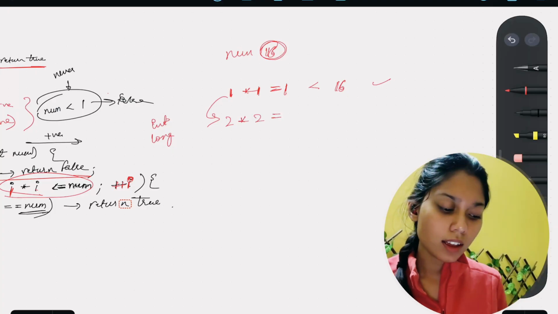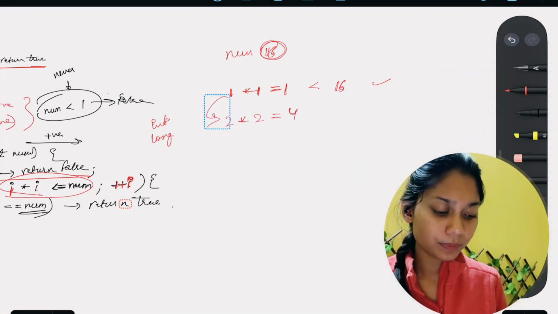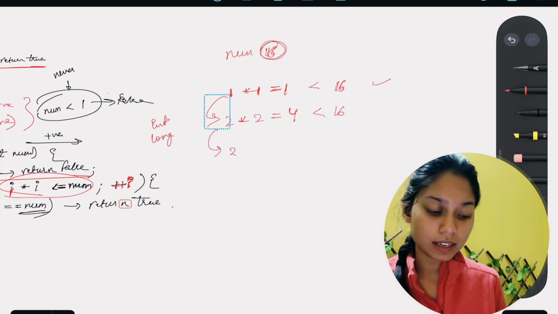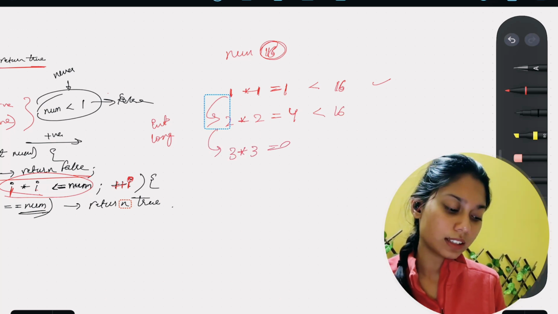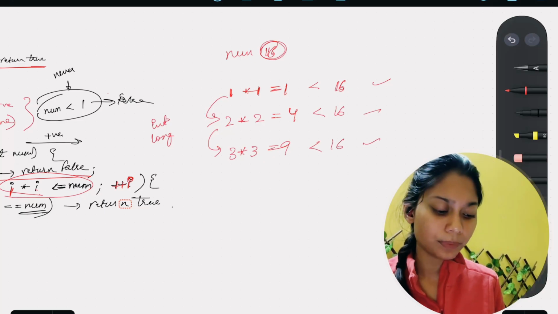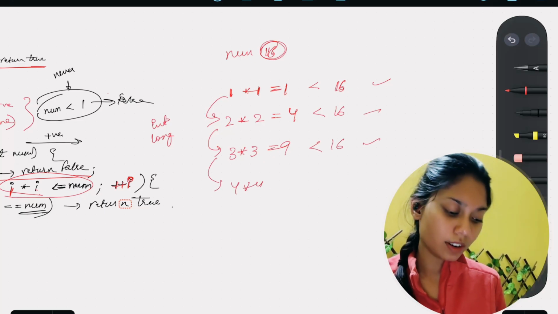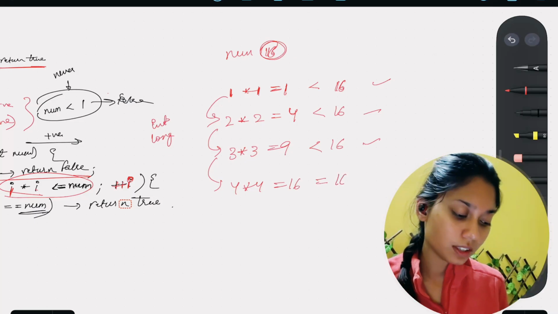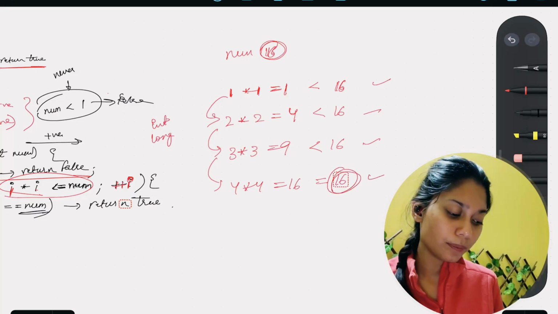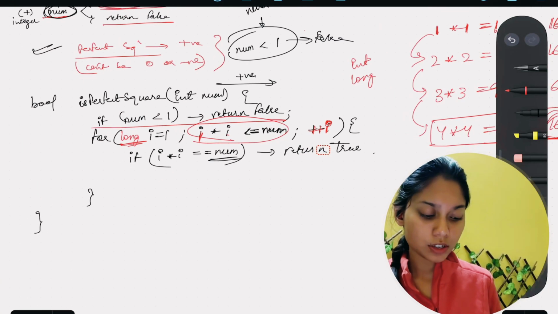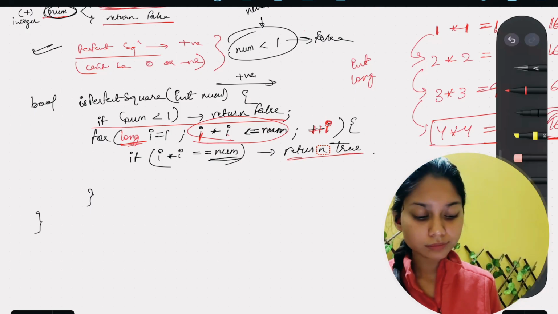It's 4 and 4 is less than 16. Then we increment again. 3 times 3 is 9, that is also less than 16. Then 4 times 4 is 16, so it is equal to the 16 that we were looking for. Since this condition turns out to be true, our function will return true.